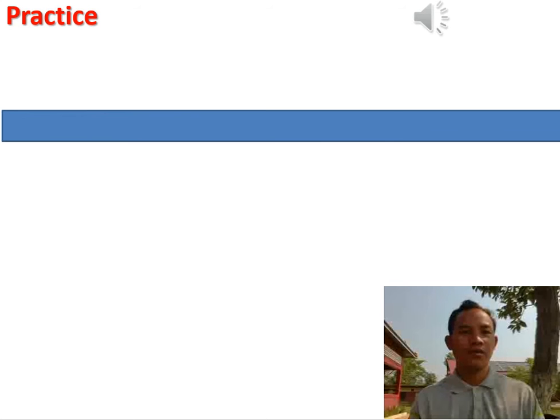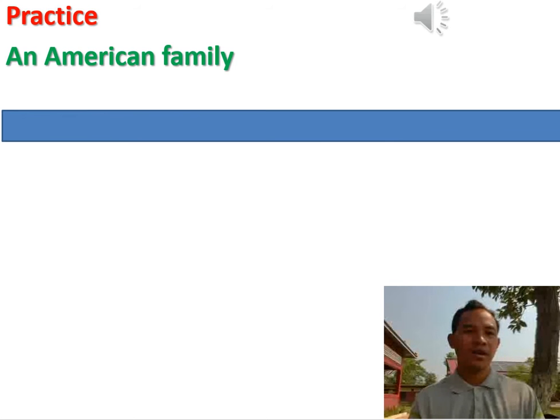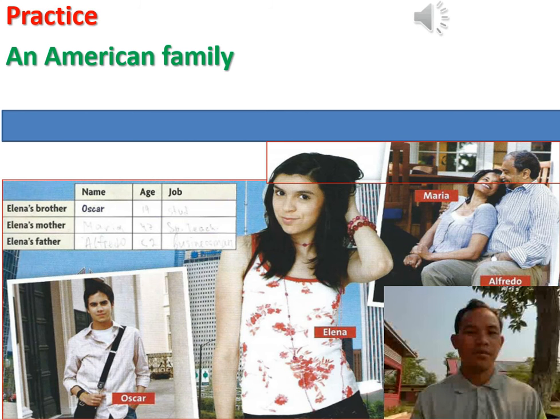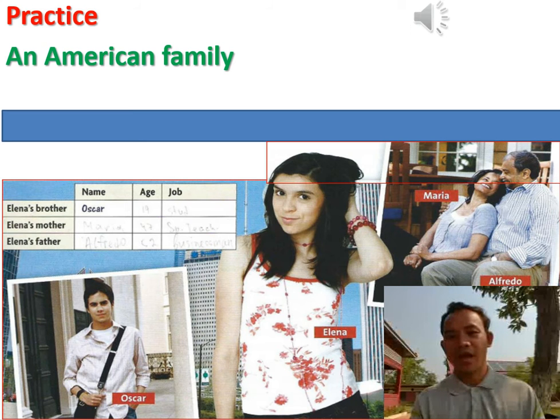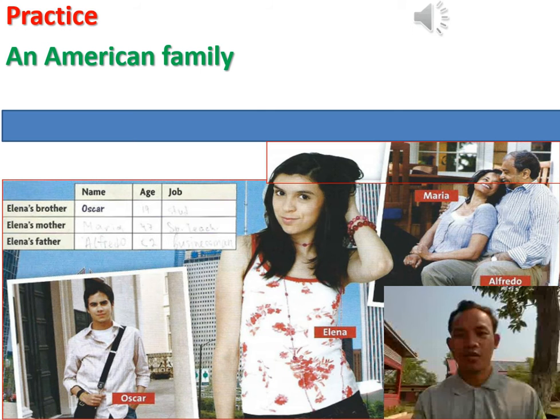In here, we are going to practice about an American family. Who do you think this one is? What is the name of this lady in the picture? Elena, right? We are going to talk about Elena's family. Elena has a brother named Oscar, and her parents' names are Maria and Alfredo.